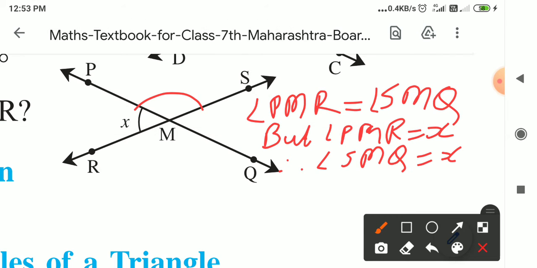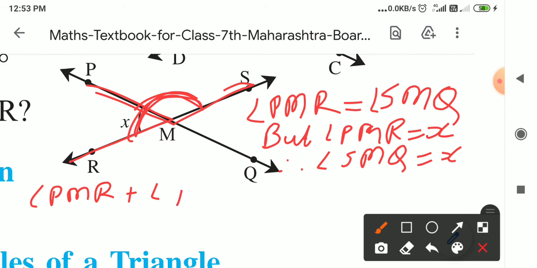Next we have to find the measure of angle PMS. Here you know that angle PMR and PMS are a linear pair of angles. So here we will write angle PMR plus angle PMS is equal to 180 degrees.